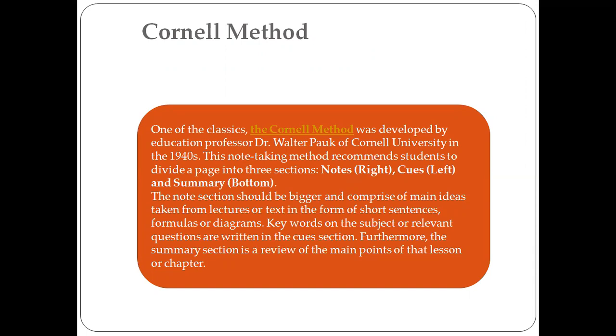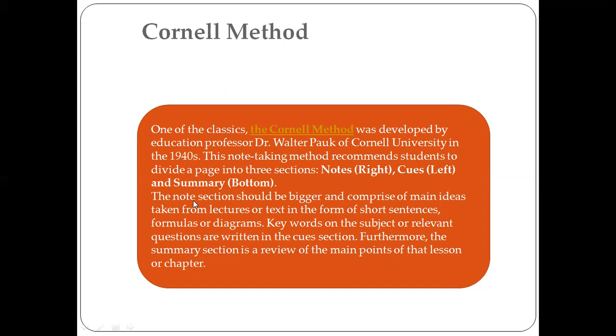One of the classics, the Cornell method, was developed by education professor Dr. Walter Pauk of Cornell University in the 1940s. This note-taking method recommends students divide a page into 3 sections: notes on the right, cues on the left, and summary at the bottom.